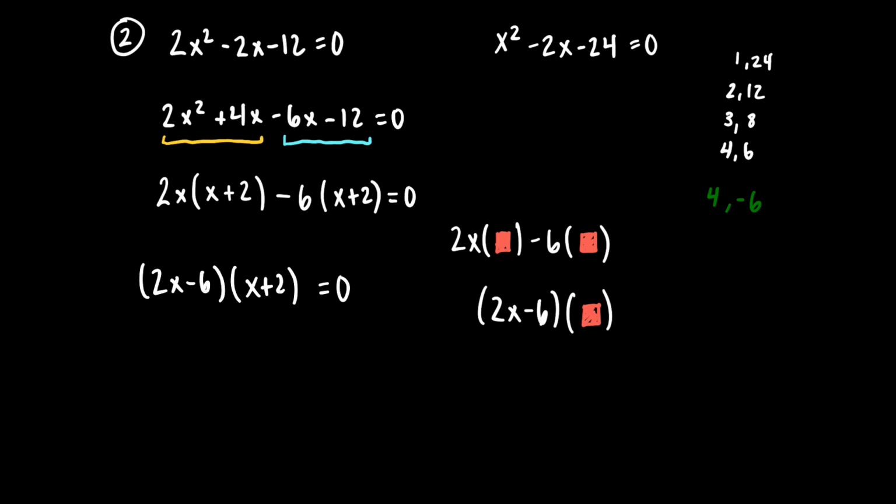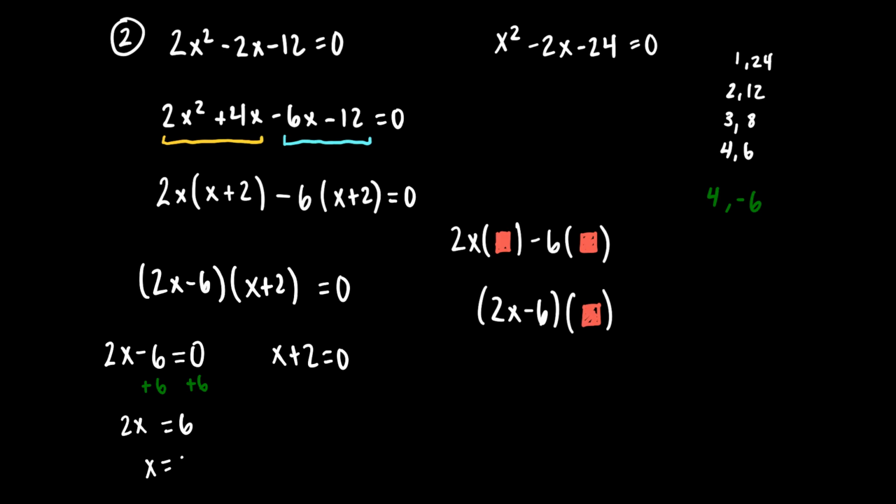From here, we're going to give each factor a chance to be equal to 0. So 2x minus 6 is equal to 0. x plus 2 is equal to 0. And we'll just solve these out. So you can add 6 to both sides here. You'll get 2x is equal to 6.